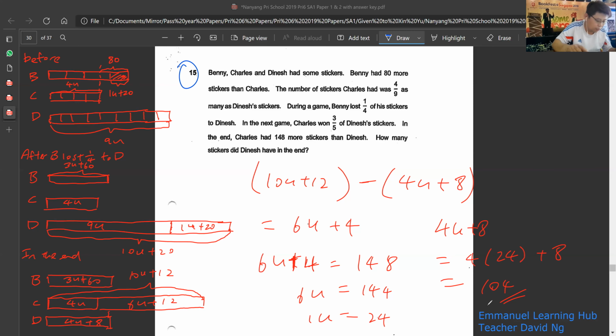Okay, understand? Understand how to do this question? Yes. This question is heavily relying on my model. Yes. When I draw the model, I'm actually solving the question already.